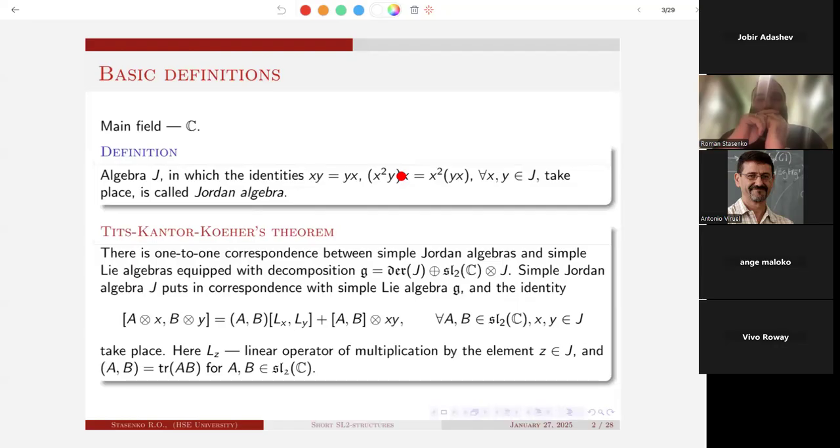connected this class of Jordan algebras with the class of Lie algebras.